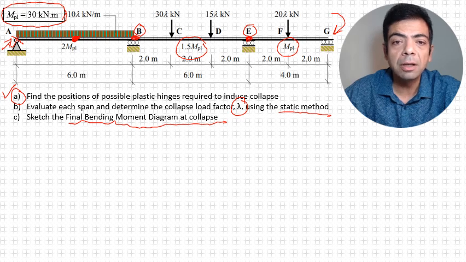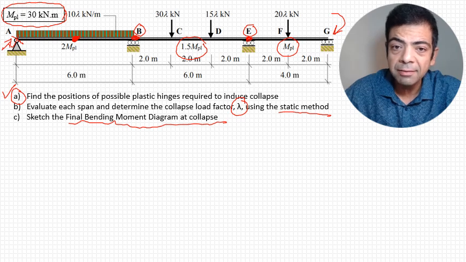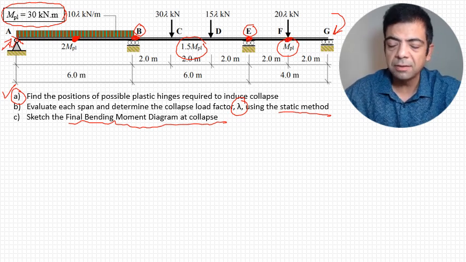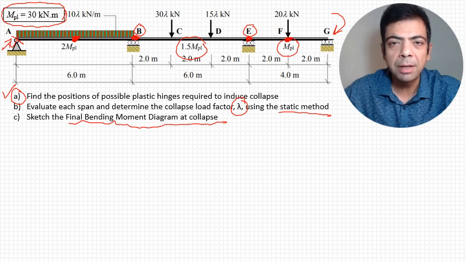What about EG? For EG, we will definitely have a plastic hinge under the support because this is going to have the maximum positive bending moment. What about span BE?